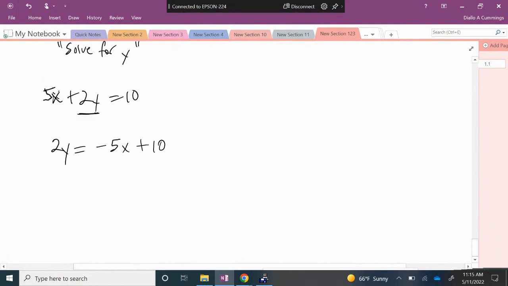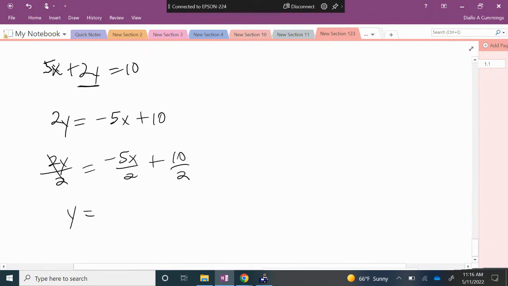Now we want to solve it for y, not for 2y. So the opposite of multiplying y by 2 is to divide by 2. So I'm going to divide everything by 2. I'm going to just put this step in. So I'm going to divide 2y by 2, negative 5x by 2, and 10 by 2.